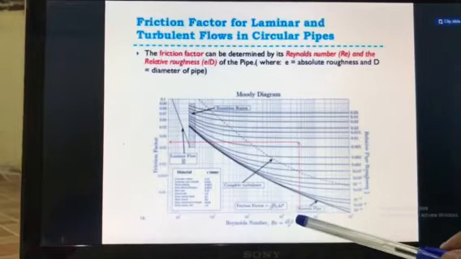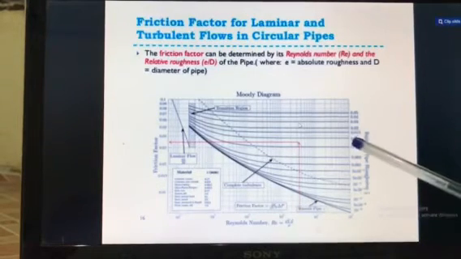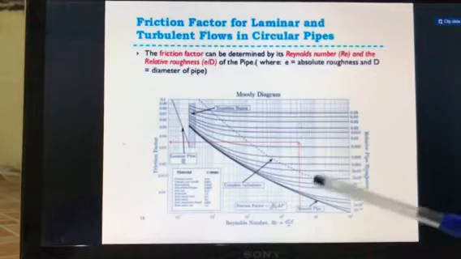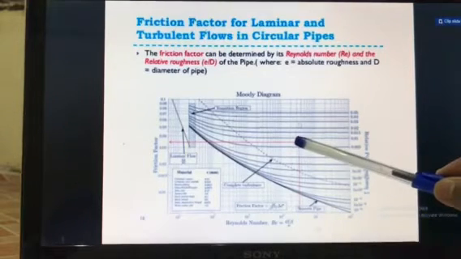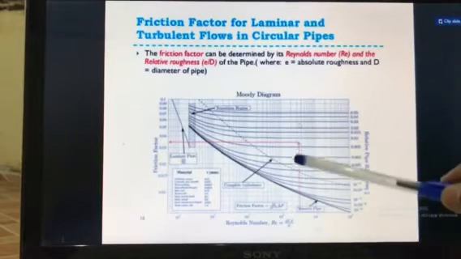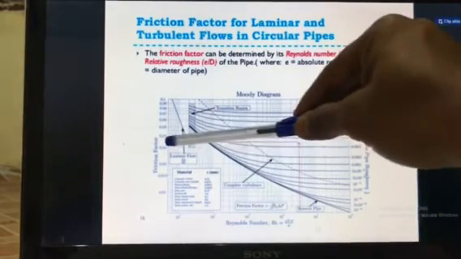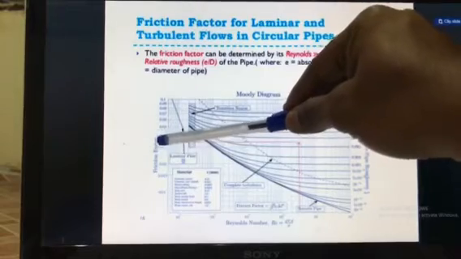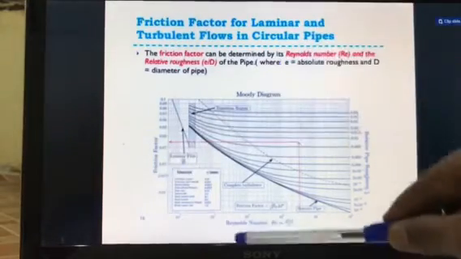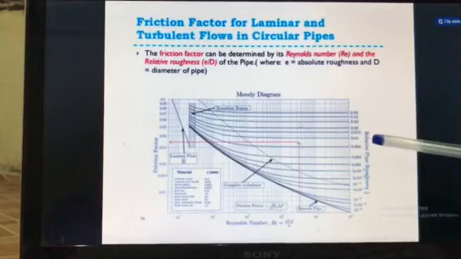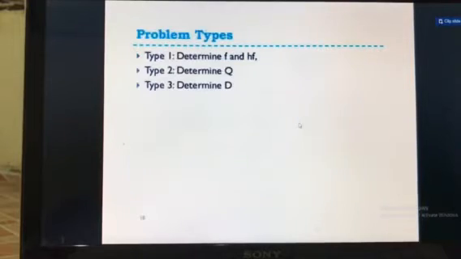If we know the Reynolds number and the relative pipe roughness, then by plotting the point and drawing a horizontal line parallel to the x-axis, the line intersects the y-axis, and that point is your friction factor. In the previous lecture we also studied how to find the friction factor using the Moody chart. Now let us see one example.